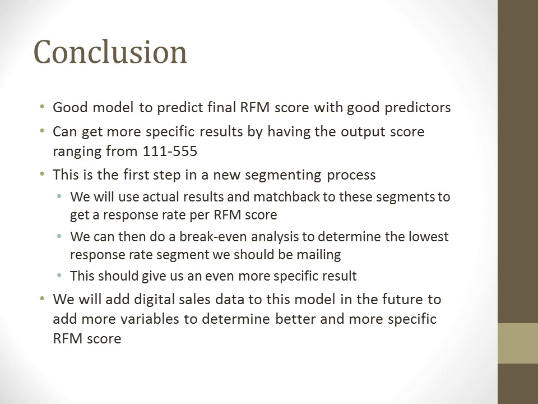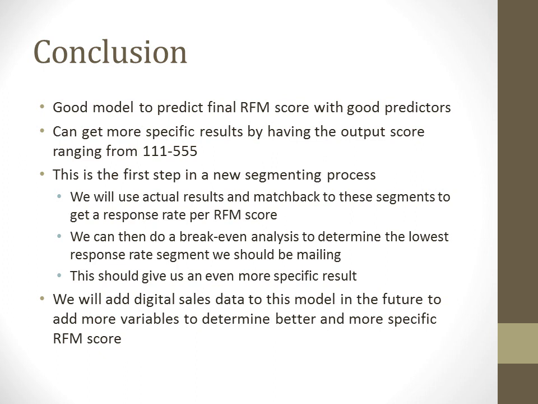We also in the future want to start adding digital sales data into the model, so we want to be able to combine digital sales into catalog sales. Like I said, 55% of sales are attributed to catalog, but about 65% of sales are input through the website.